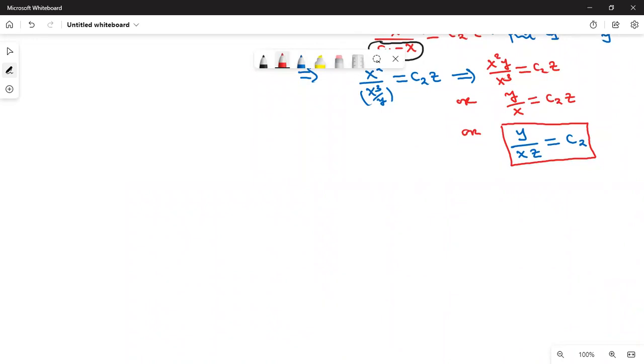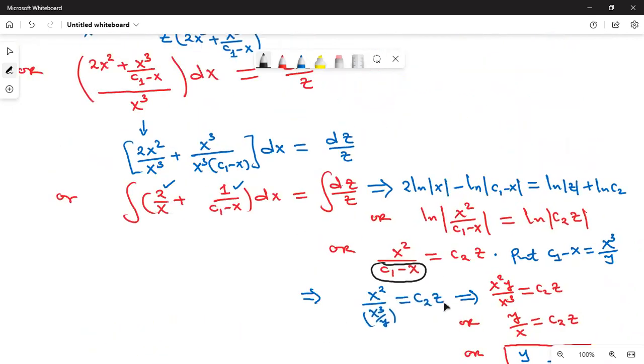So now, the integral surface. Remember, the integral surface has this general form that phi of C1, C2 should be equal to 0. So let's replace C1 and C2. Look at our C1 in the first solution.